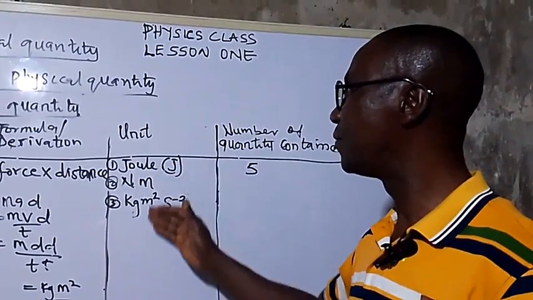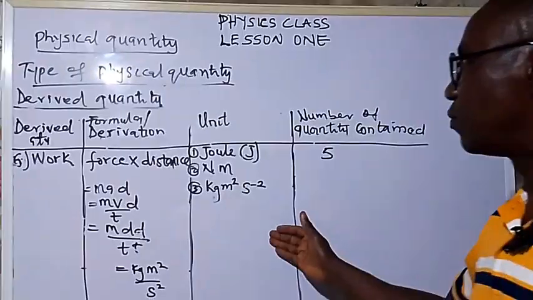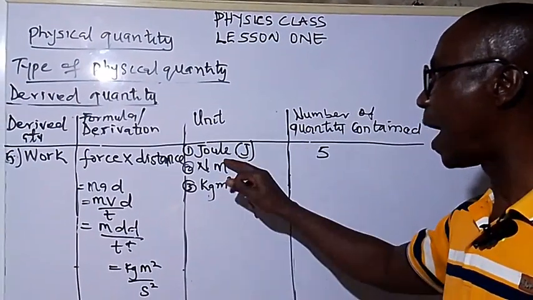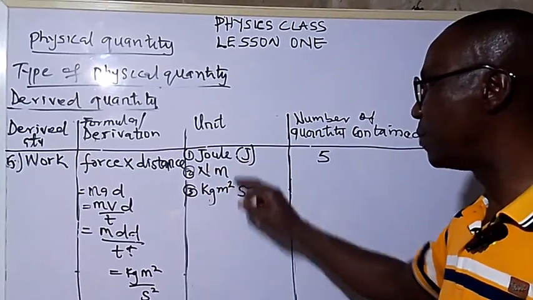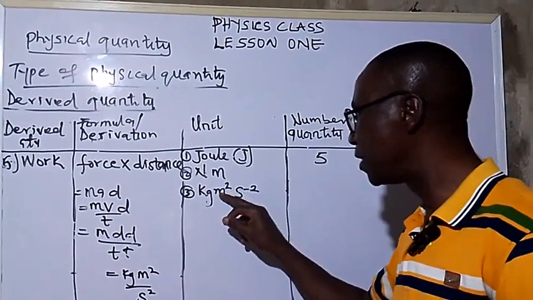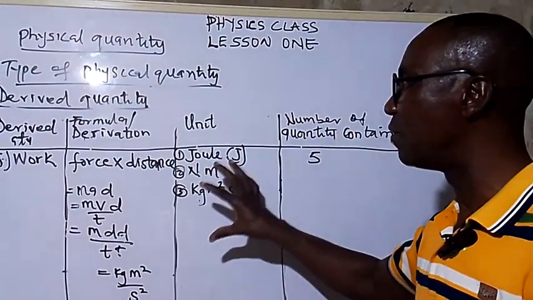They will give you these 3 and give you another wrong one. You should be able to know that the 3 units of work are joule, Newton meter, kilogram meter square per second square. So these are the 3 units of work.